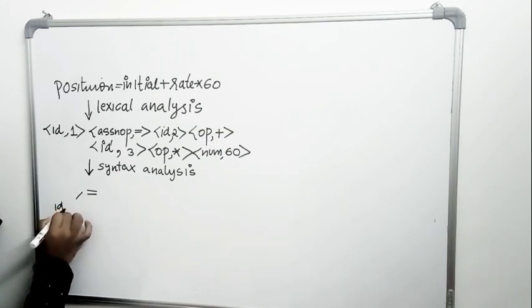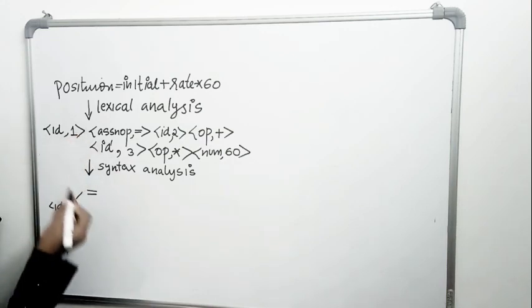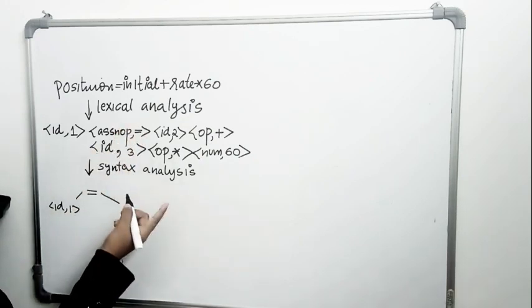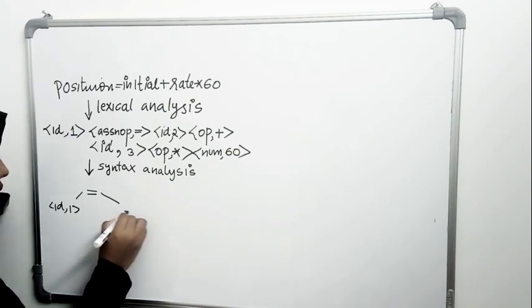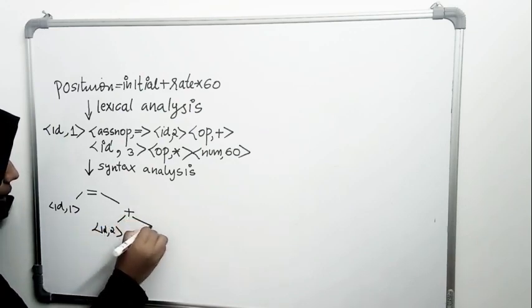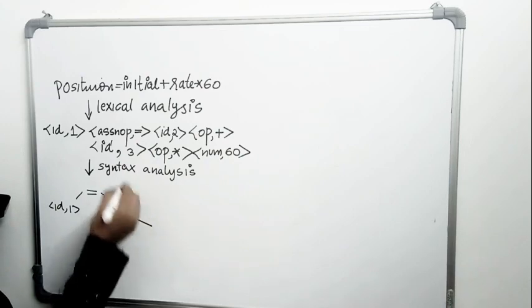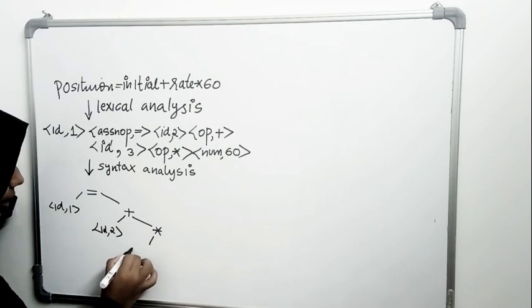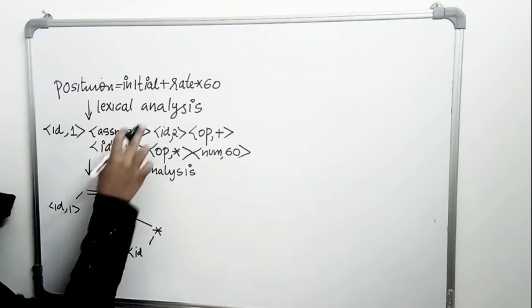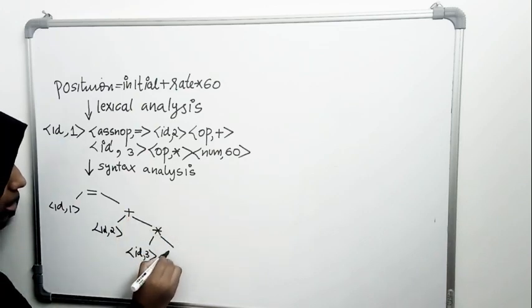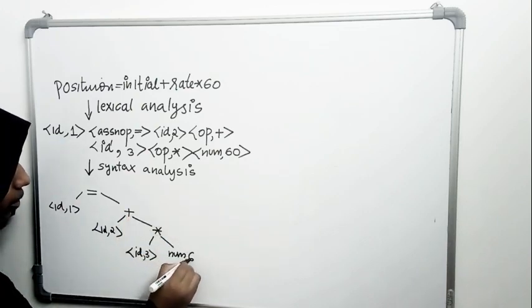One is ID, comma 1, which stands for position definitely, and the next operand is initial plus rate into 60. So you have to find initial, which is ID, comma 2. Now rate into 60 is the second operand for plus. So for star, rate is ID, comma 3, which is present in the third row of the symbol table, and 60 is num, comma 60.